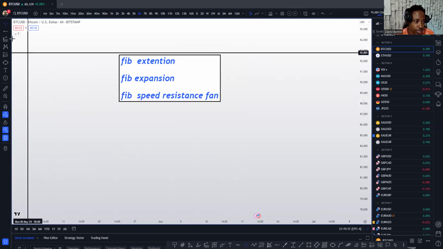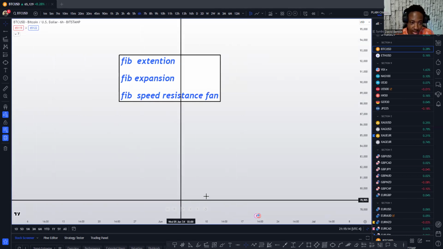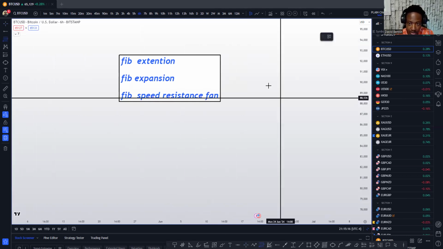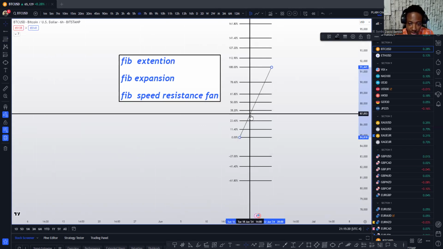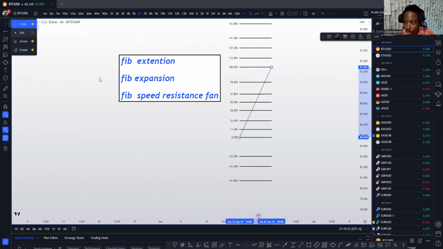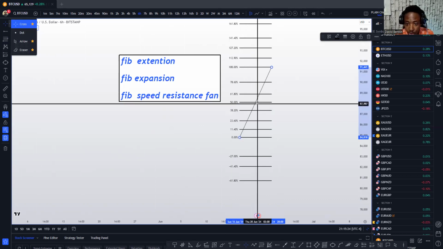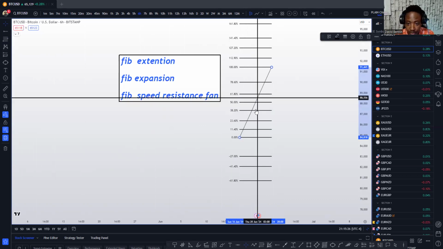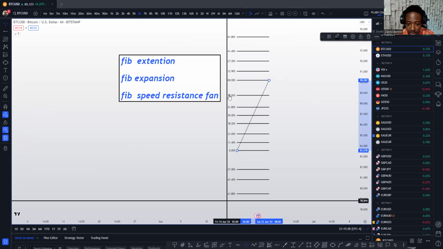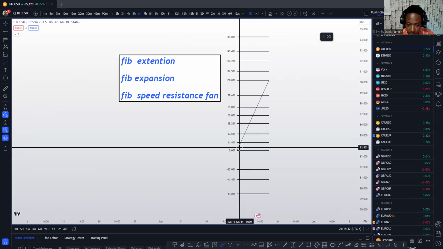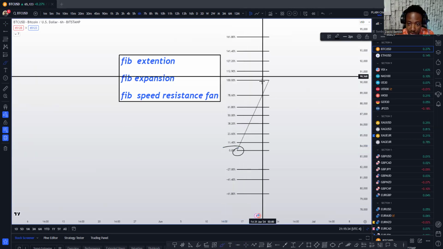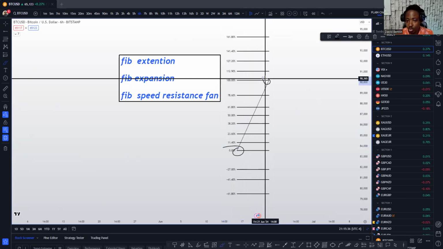All right, so this is the Fib extension. If you've seen it before, this is the common one everyone uses, right? You see it has 0 to 1, 0 to 100, but you can make it 0 to 1 if you want.